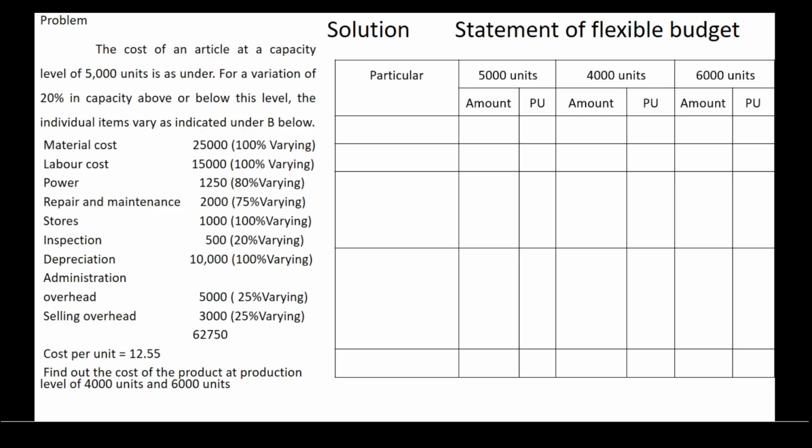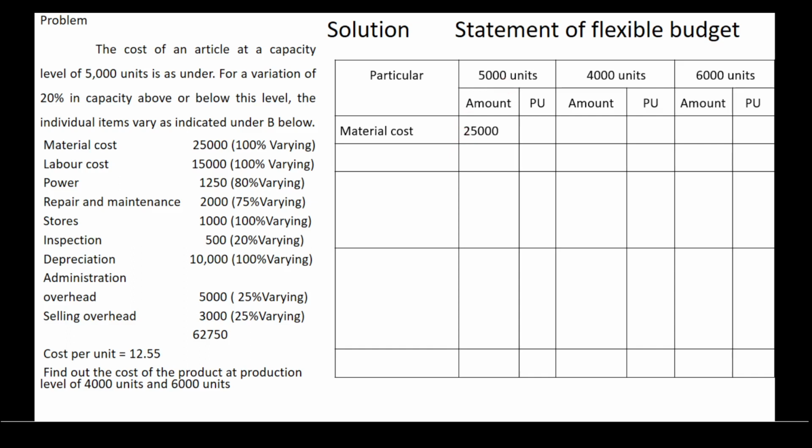So here, under the amount column for material cost, we enter 25,000 rupees. This whole amount is variable. Now we find out the cost per unit. The cost per unit is calculated as 25,000 rupees divided by 5,000 units.